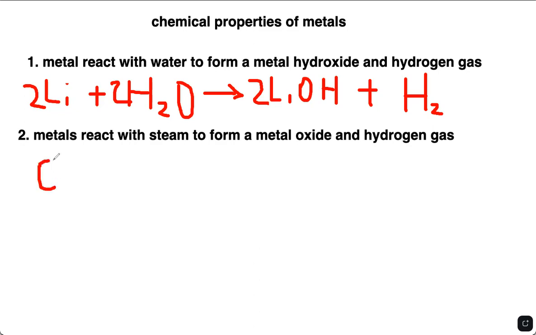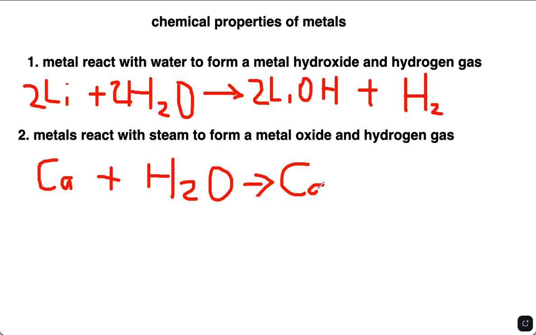Now allow me to use a different metal. Let's say calcium metal, when reacted with steam, whose state symbol is gas, forms a metal oxide. So this calcium will have calcium oxide. Then we also produce hydrogen alongside. That is the second chemical reaction.